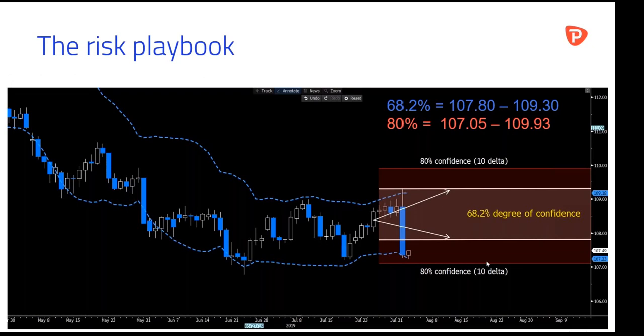So the next question is, once we break the top or the bottom of that level for the week, that presents a very interesting trading opportunity. If you're a momentum trader, you could say the market was pricing 70 points up, 70 points down. We're now 80 points down, outside of the bounds of expectation.